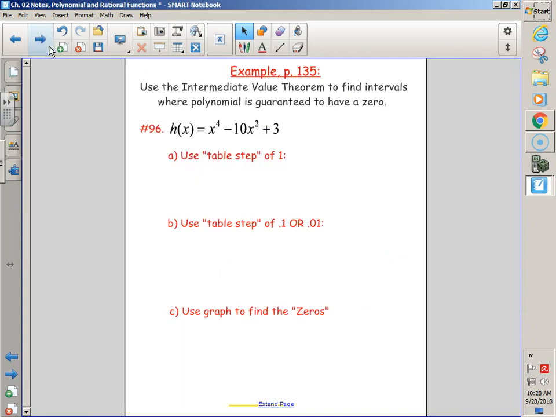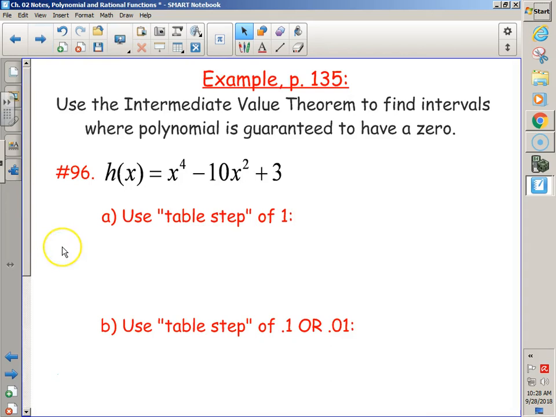Did I give you more than one or just one? Just one? Well, that's not bad. Let me show you the idea, and you can write down whatever you want about it. The idea of number 94, which is number 96: you have a function. Every polynomial is continuous, every single one. So, does this guy have to have a 0?